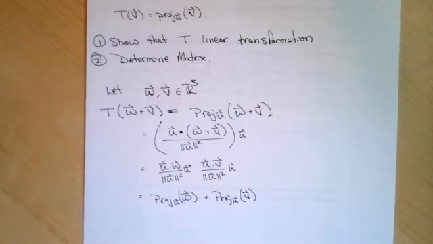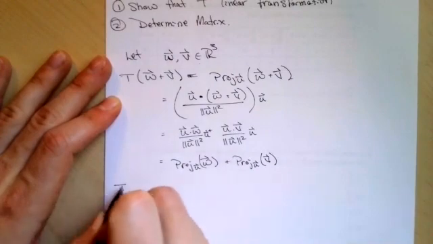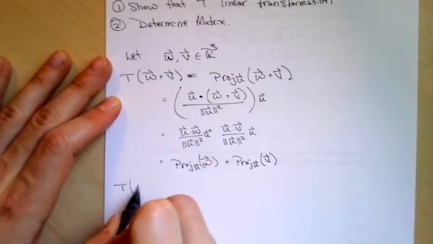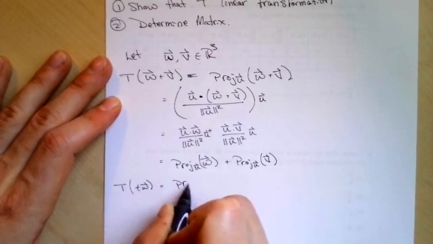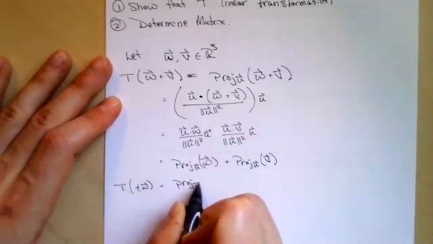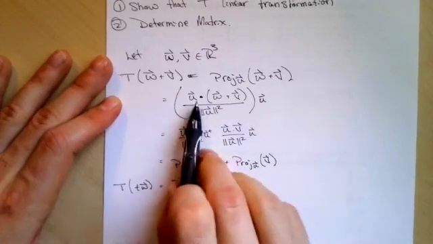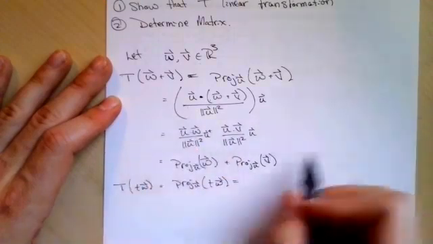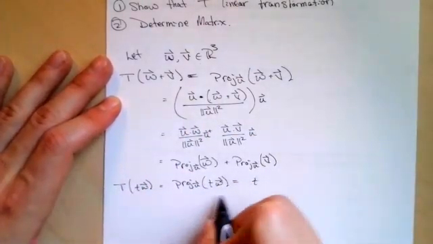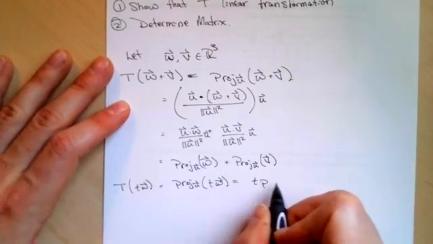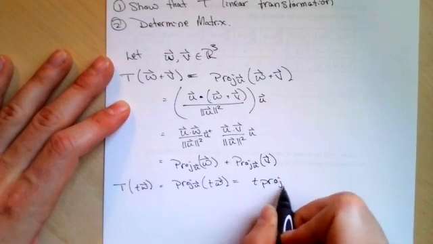We also need to check scalar multiplication. I'll leave that a little bit more to you guys to spell out the details in a similar fashion. If we have any scalar multiple of a given vector and we want to take the projection onto U of it, by the same properties I can pull out scalars of the dot product, and following similar steps you'll be able to show that this is the same as pulling the scalar out of the projection.